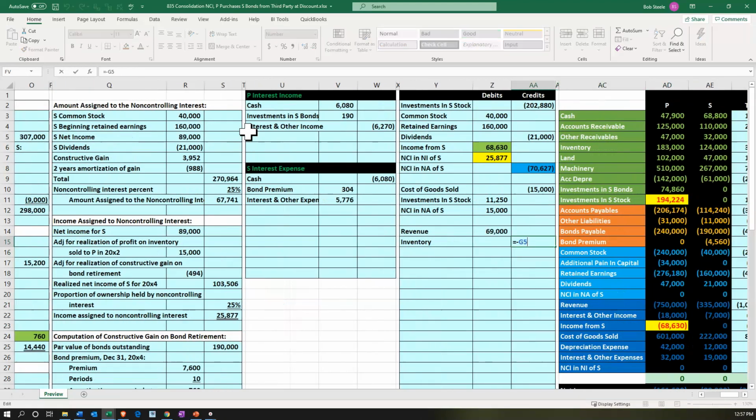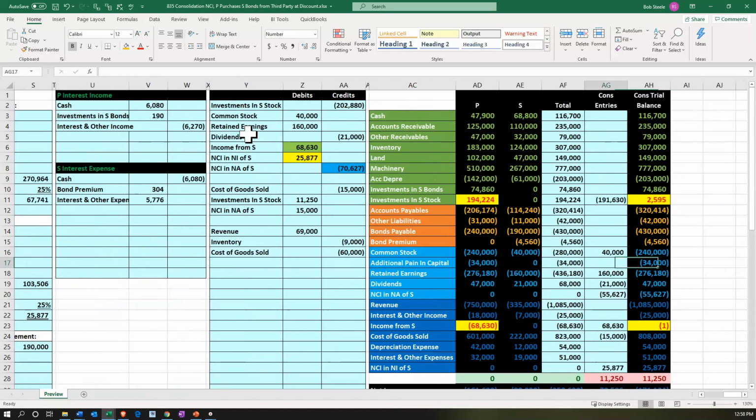However, this needs to be a credit. And then the difference there is going to be going to the cost of goods sold. Cost of goods sold. And that's going to be the negative sum of these items. So that's going to be the 60,000. Let's say revenue then. Revenue is going to be debited by the 69,000.